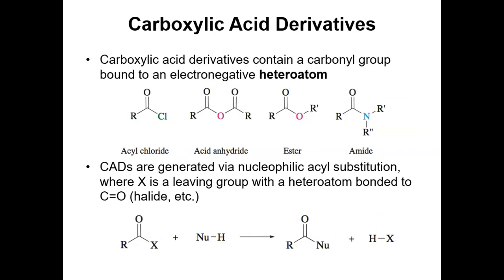We have seen acyl chloride as early as chapter 13, in the Friedel-Crafts acylation reaction. The acid anhydride we also first met in chapter 13, but we didn't use it as extensively as acyl chloride. If you don't recall it, I'm not going to blame you. Amide is probably the first time, so we should say hi to amides.